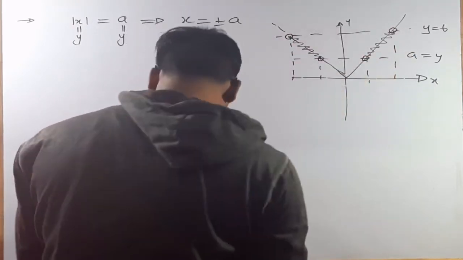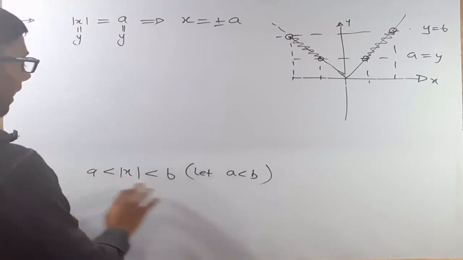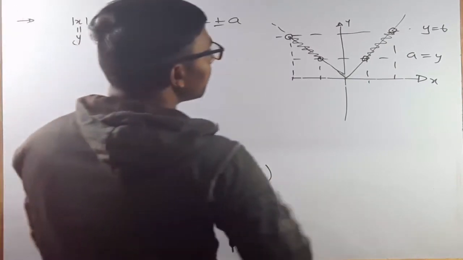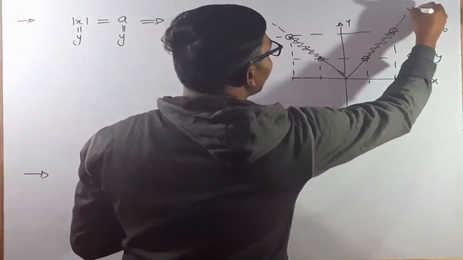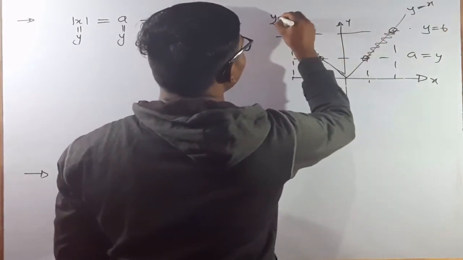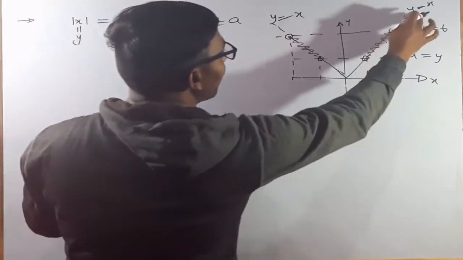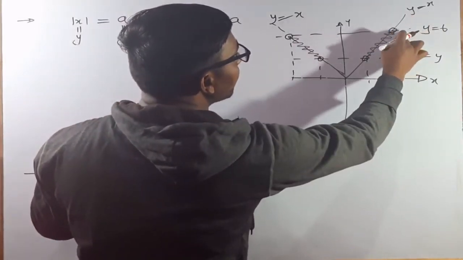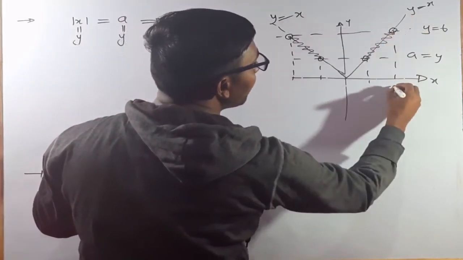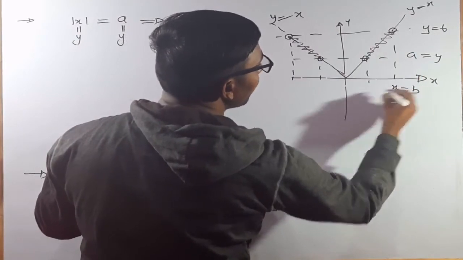So how can we find the values of x so that we can expand this inequality? This is the y equals x line, and this is the y equals minus x line. There is no doubt in it. For y equals x, here y equals b, so x equals b.